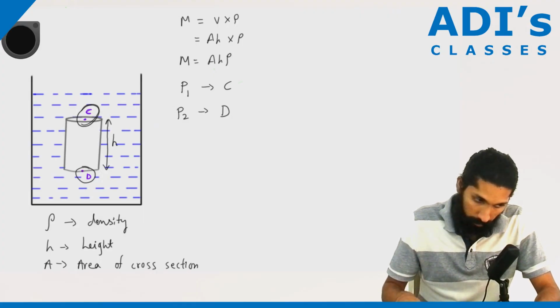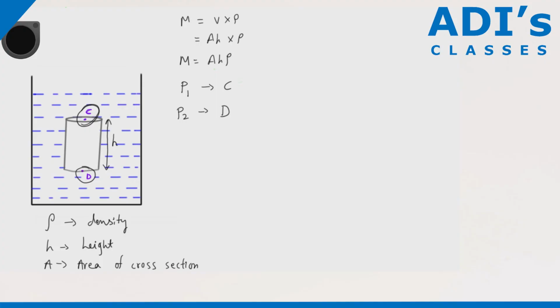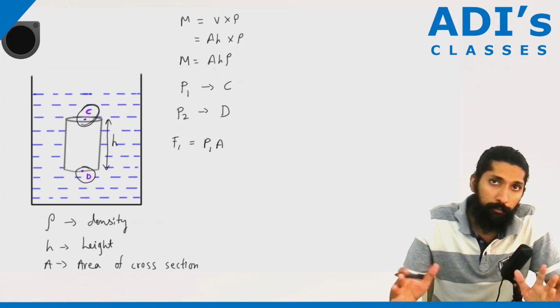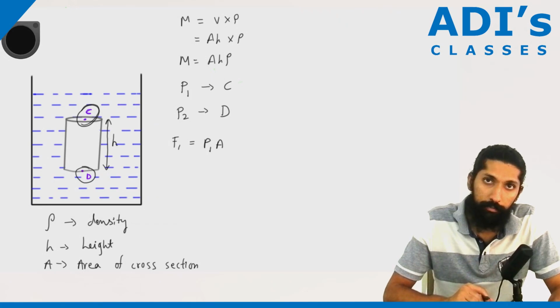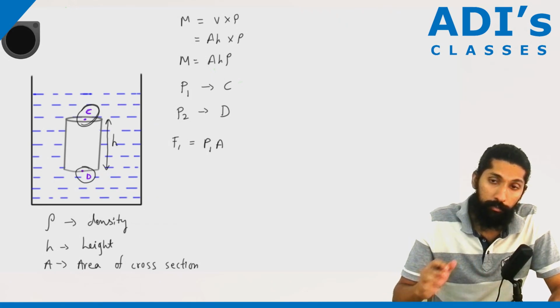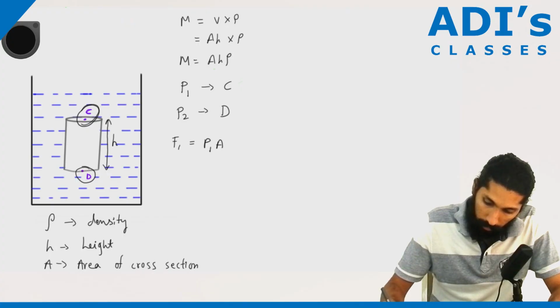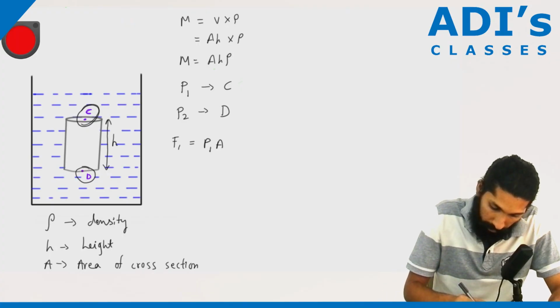Correct? Now, in this case, the force F1 is equal to P1 into A. Now, how is the force F1 acting on the particular body, especially on the top of the cylinder? If you look at this one, the force is going to be acting downwards here.